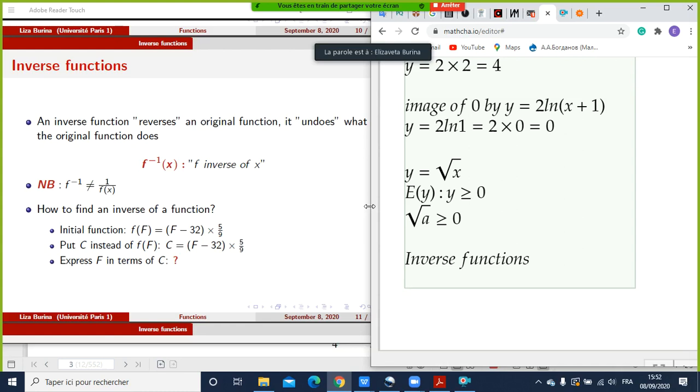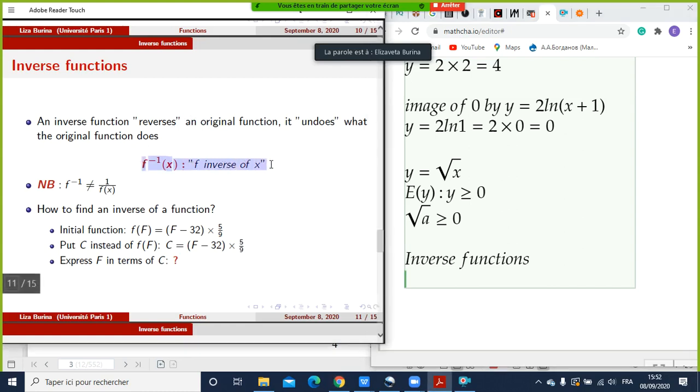Okay, we'll see it with the example because it's going to be much easier to understand, but just recall this notation. So if we have f that stands for a function, not just a letter f, but a function f that had its argument x, and we write this f to the power of minus 1 of x, we'll read it as f inverse of x.